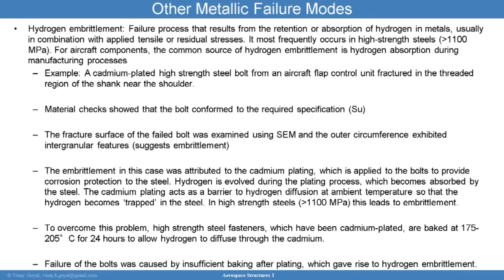Hydrogen embrittlement is a failure process that results from the retention or absorption of hydrogen in metals, usually in combination with applied tensile or residual stresses. And so it is more frequently seen in high-strength steels. For aircraft components, the common source of hydrogen embrittlement is hydrogen absorption during the manufacturing process.